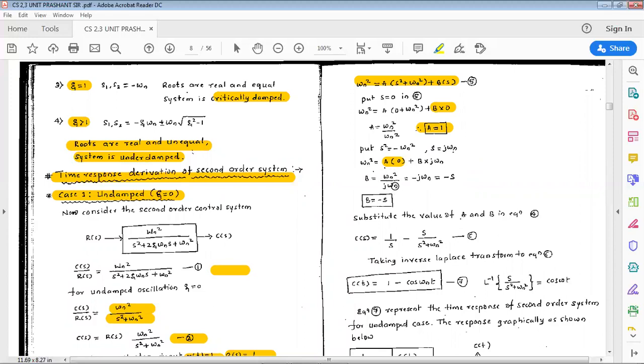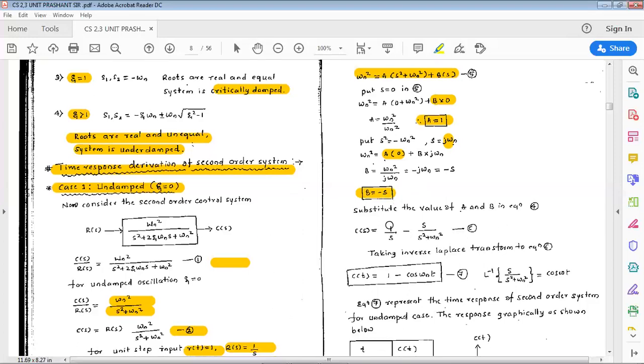Omega n and omega n get cancelled, so 1 by j will be minus j, that is minus j omega n. So this j omega n will be s, and therefore B will be minus s. Substitute the values of A and B in equation number 4. So therefore, 1 by s minus s by s square plus omega n square.